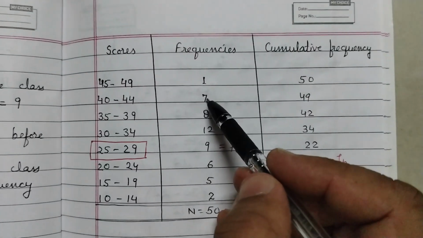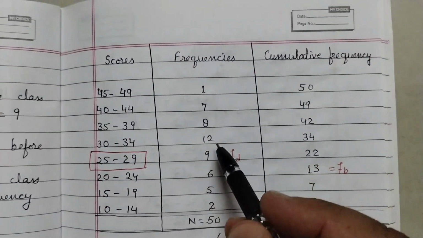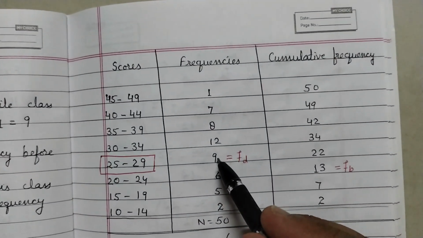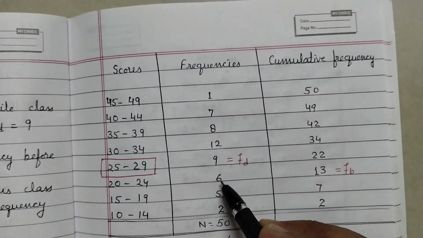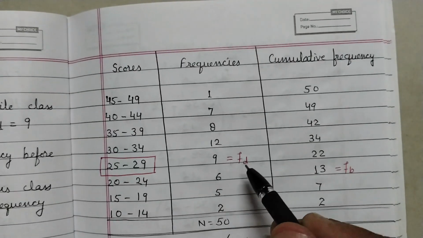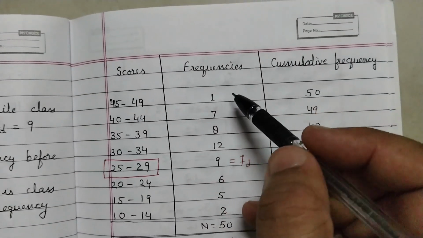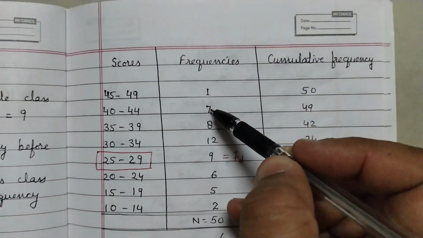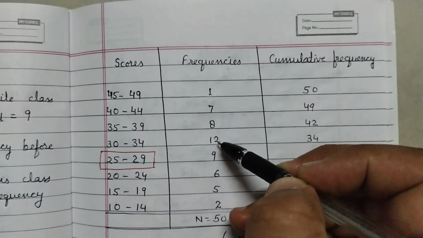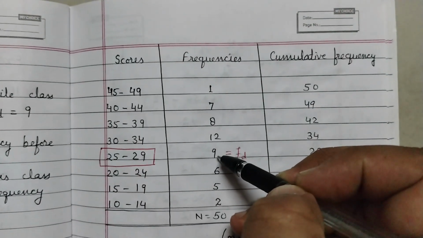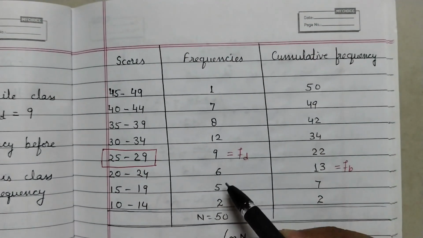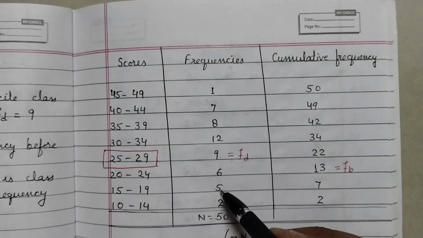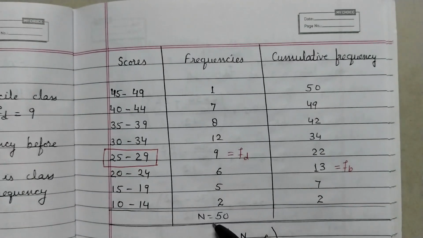Adding: 1 plus 7 is 8, 8 plus 8 is 16, 16 plus 12 is 28, 28 plus 9 is 37, 37 plus 6 is 43, 43 plus 5 is 48, 48 plus 2 is 50.